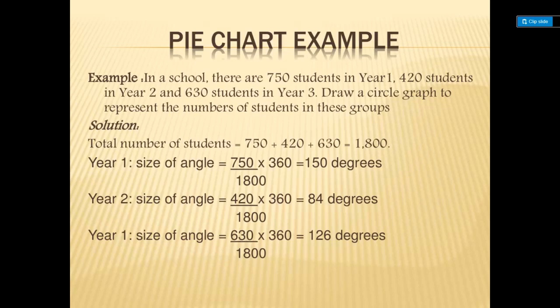So we will take 750 plus 420 plus 630, that is 1800. Then we will find out the degree of the sectors. For first year, the degree will be 750 divided by 1800 multiplied by 360, and it is 150 degrees. Same we will apply for second year and third year. So we will get 150 degrees, 84 degrees and 126 degrees.